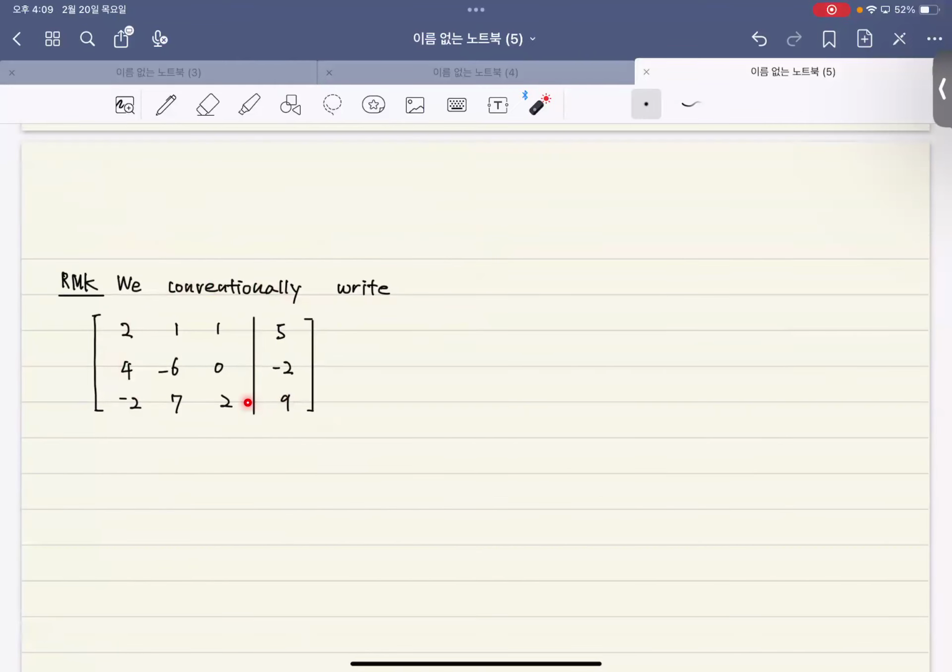And so in some textbooks, people say we apply the elementary row operations not to the system of equations, but to the matrix. But that is also possible, right? You can still apply the elementary row operations to this matrix-looking object.